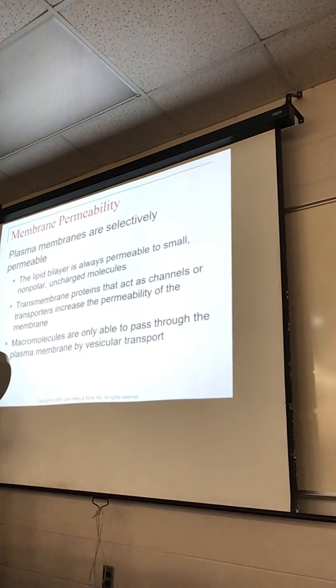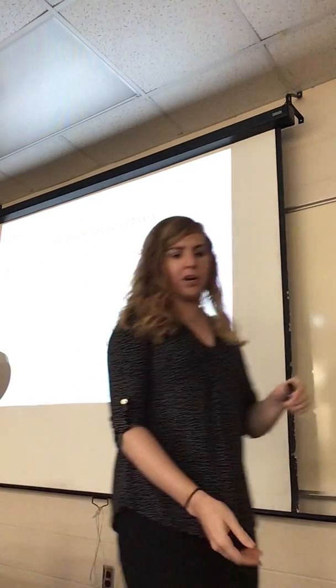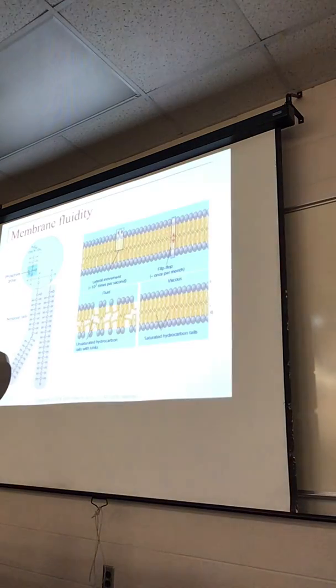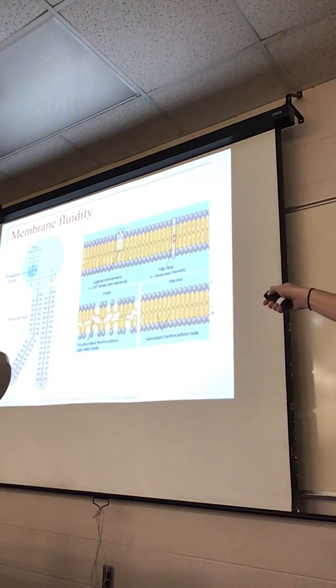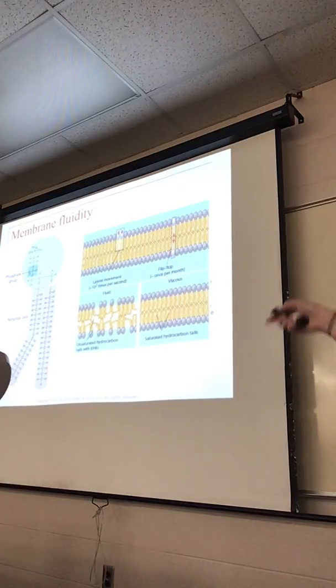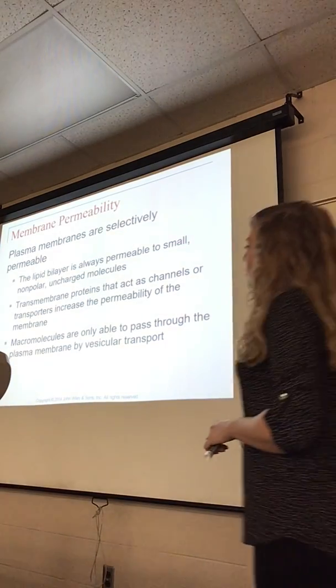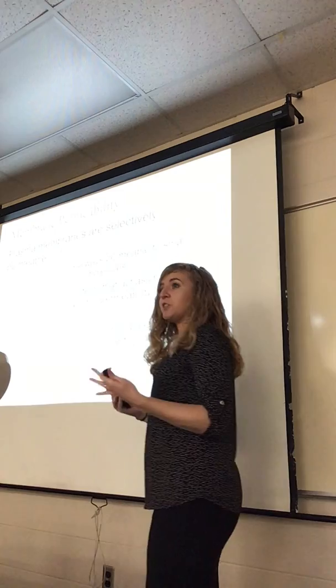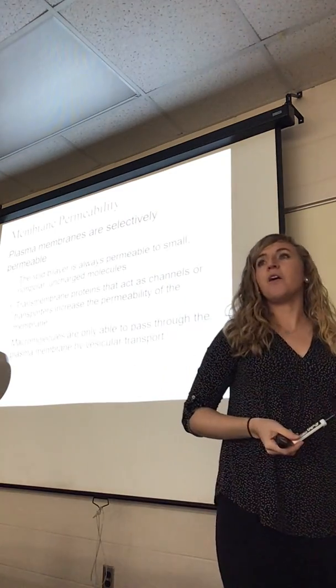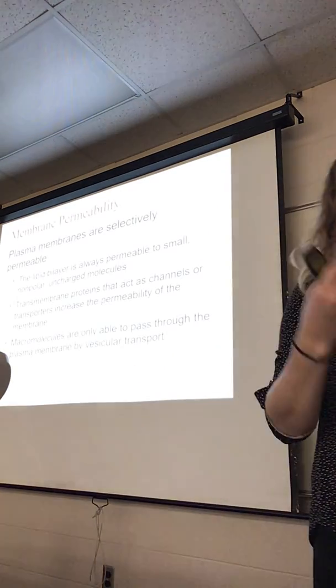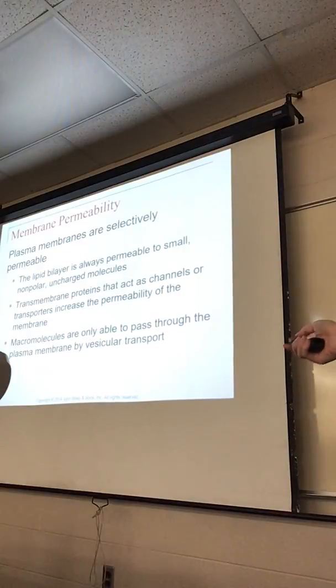First of all, what we are discussing when I say easy, hard, or not at all is how easy it is for a molecule to squeeze between phospholipids and get in and out of the cell, because remember, this is fluid. Of course, the cell membrane can become more permeable by putting these transmembrane proteins in there, these integral membrane proteins. We've got those channels and carriers that will allow large things like macromolecules to pass through, okay?